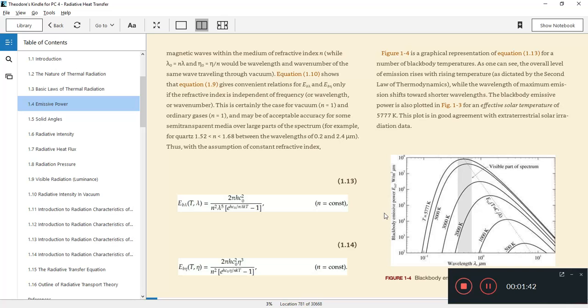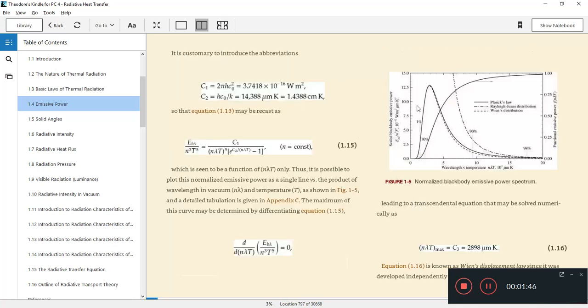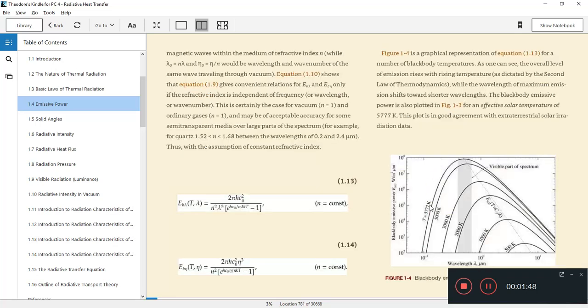If you take a look at the graph, okay, a black body spectrum will look something like this. If it's in terms of wavelength, it will have this hyperbolic kind of shape, I think. And you can see the top is where the gradient is, of course, 0.